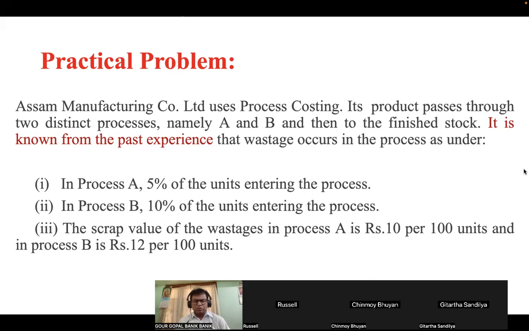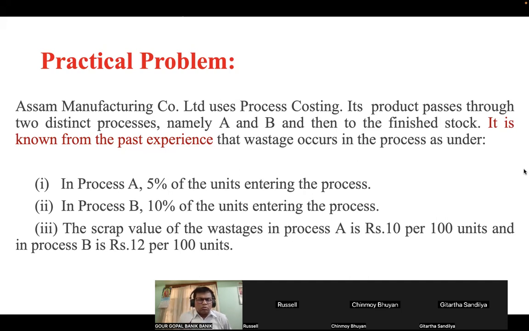So it's known from your experience that this will be wasted. That is a normal loss, dear students. But suppose while bringing the 20,000 eggs from Chennai to Guwahati by train, 2,000 eggs are broken. This is an abnormal loss.